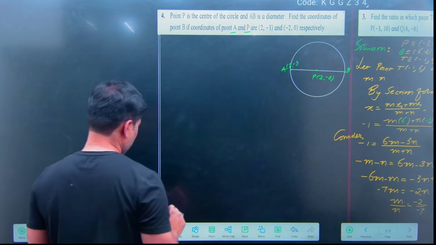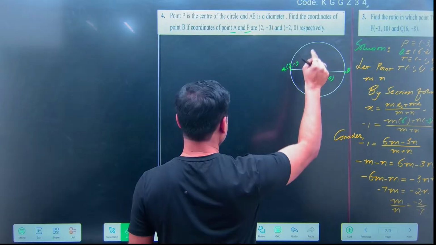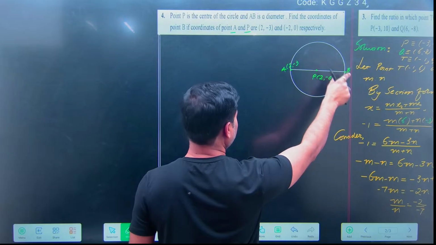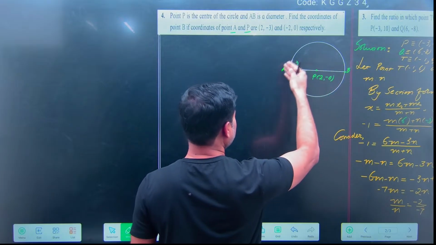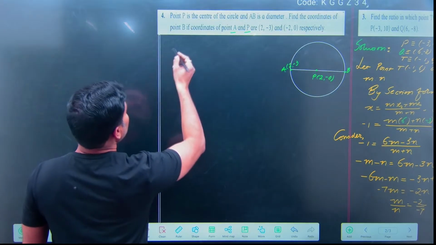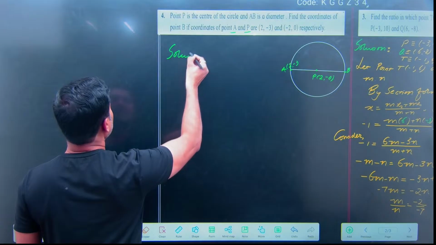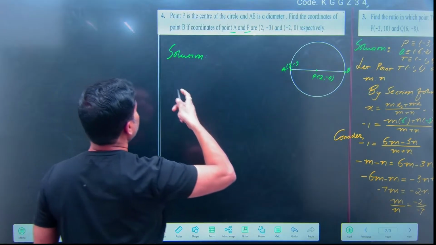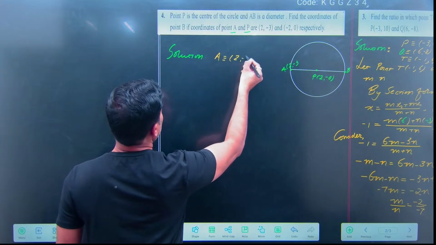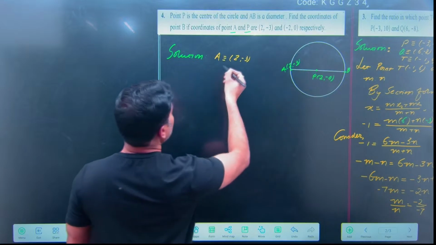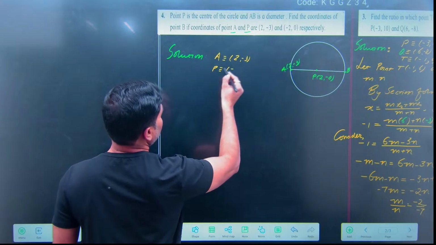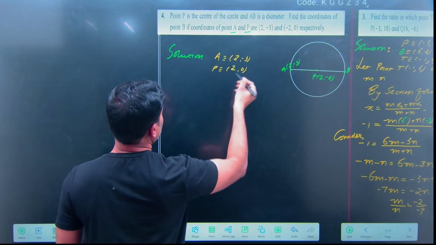Okay, so as you know, P is the center of circle and diameter is double the radius, or what we can do is center is always the midpoint of diameter of circle. So that concept we will use there. So again we will write given points. A is 2, -3 and P is -2, 0.